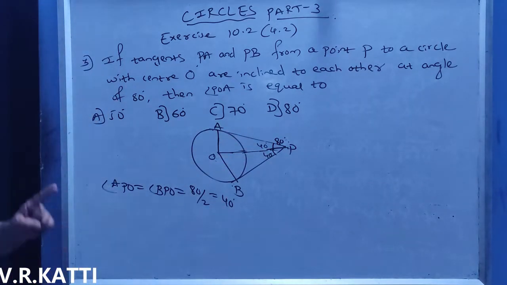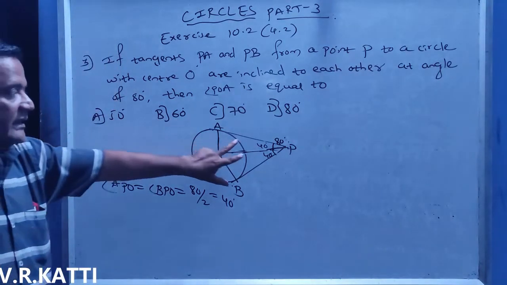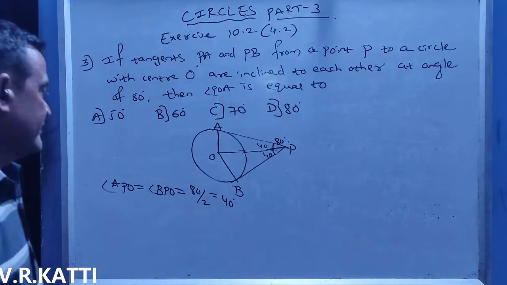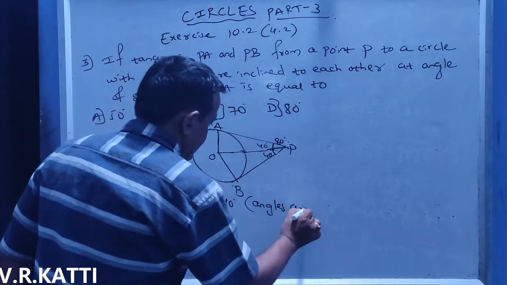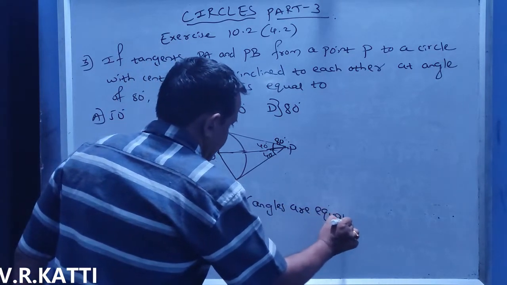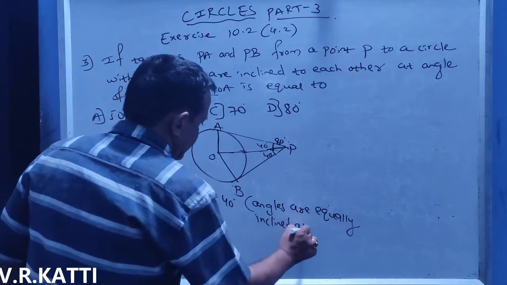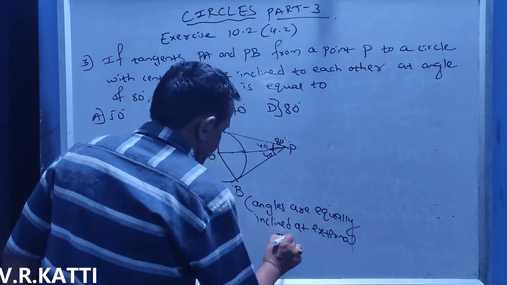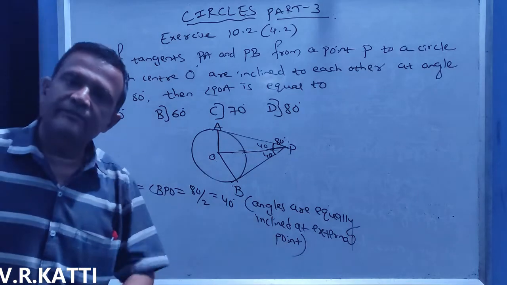You already took the reason in the first class, that is angles are equally inclined at the external point. So the reason is angles are equally inclined at the external point.